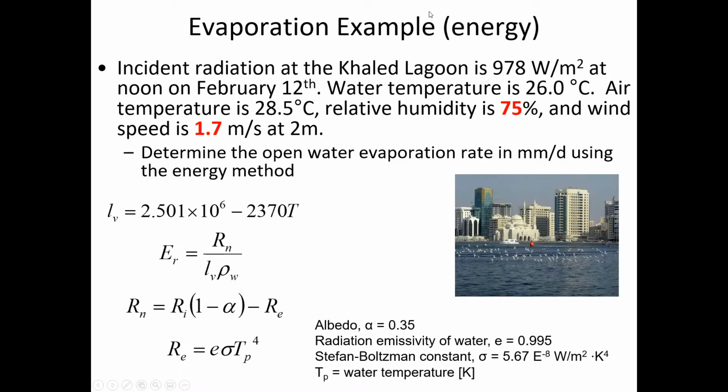Now, just to get some experience with the calculations and how we can estimate certain things, we have to be able to estimate, for example, the amount of radiation that's being emitted.